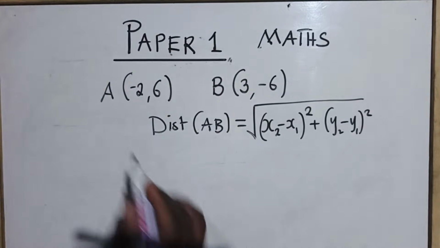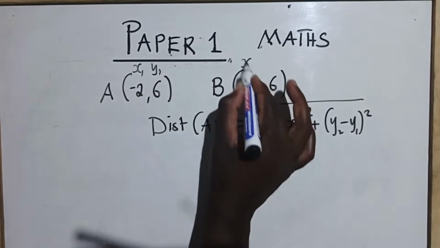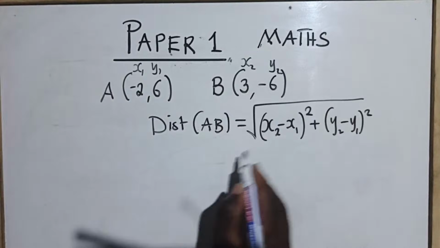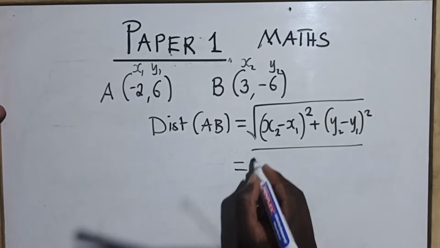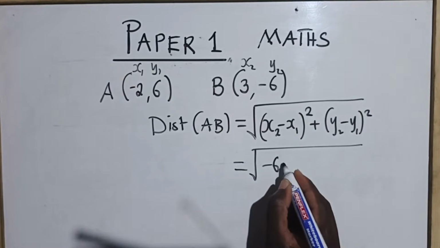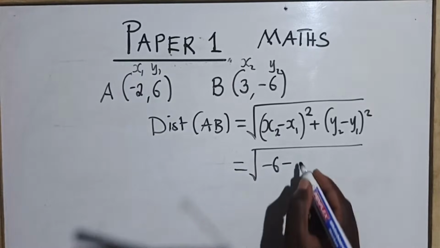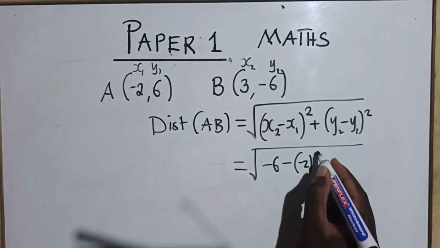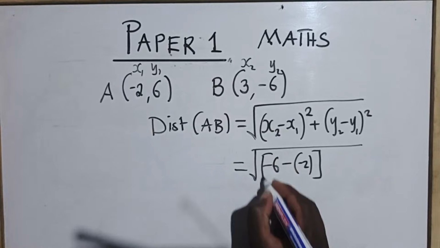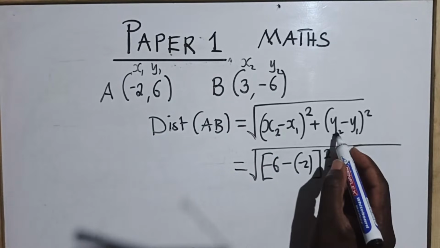So now we can indicate that this is our x1, y1, x2, y2. Our job would just be to plug in. So what is our x2? It's a -6 minus our x1, it's a -2. So this is what we have right here, and the power 2 plus our y2.